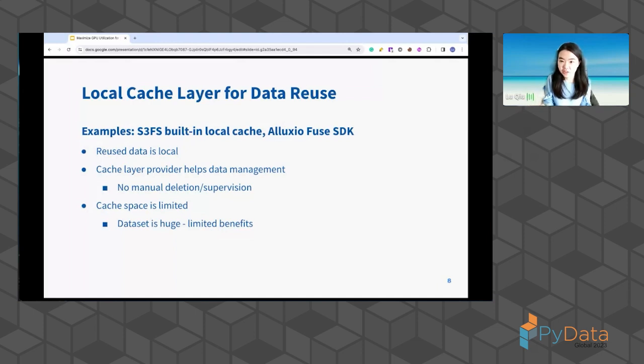If you consider it from the single node level, we may not reuse the full data set. There will be data shuffling between each epoch, so the data reuse rate is probably only 10% or even less. So only limited benefit can be provided by this local cache layer.